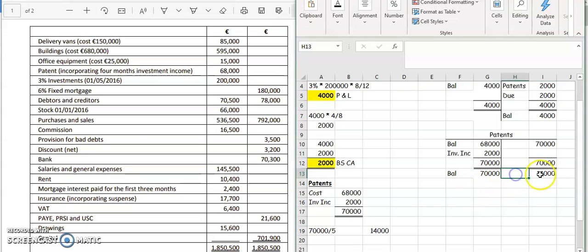So we're going to credit our patents account, and that will go into your profit and loss as an expense. So that's going to give you a balance of 56,000. That 56,000 will go into your balance sheet as an intangible asset.